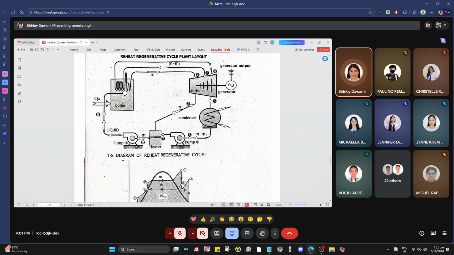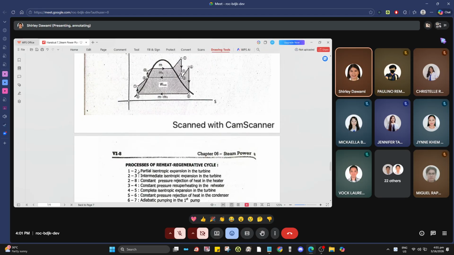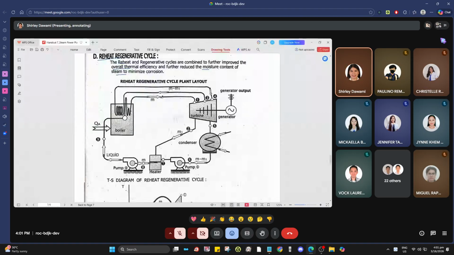So let's say for process 1 to 2, expansion. Okay. So gawas siya diri as a preheated steam, kaning M. Then undergo siya og partial expansion.